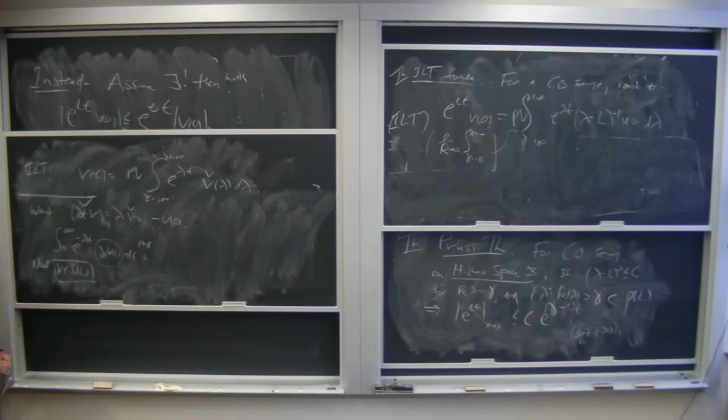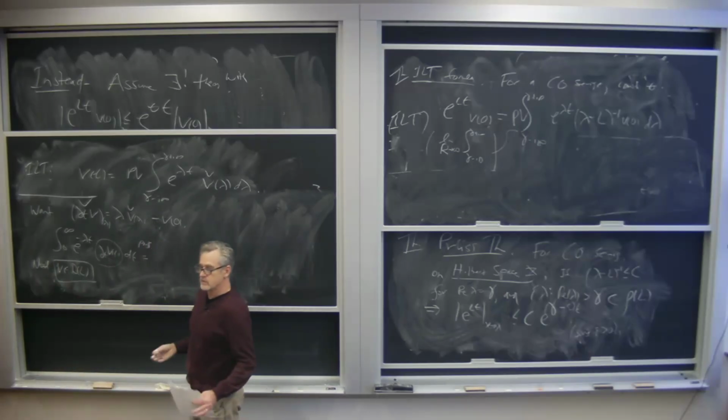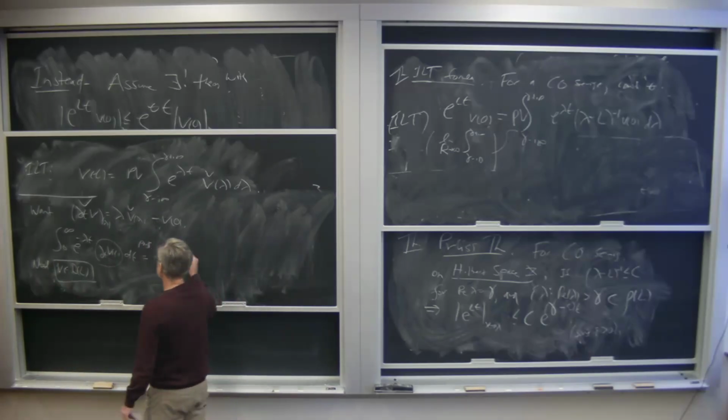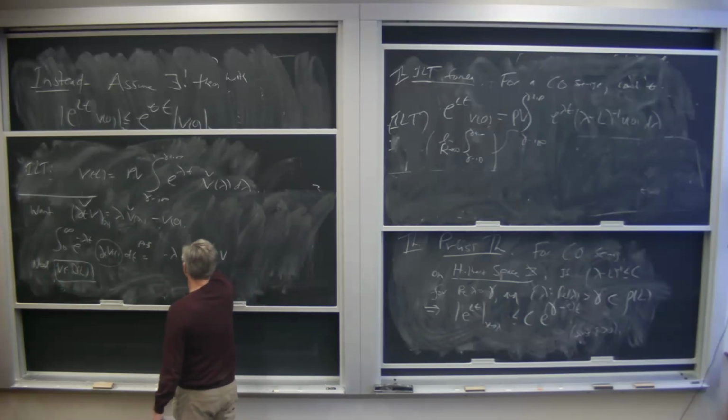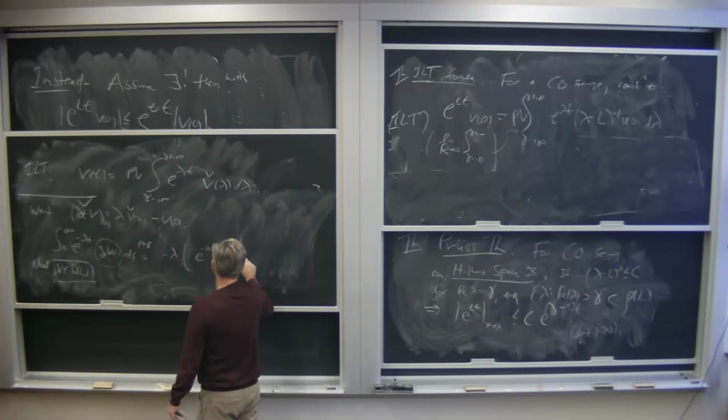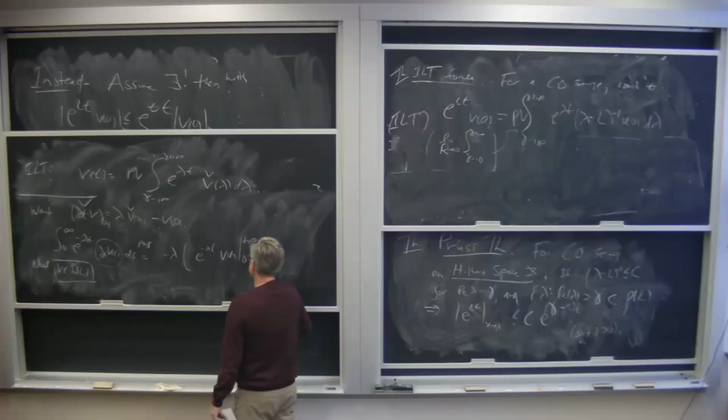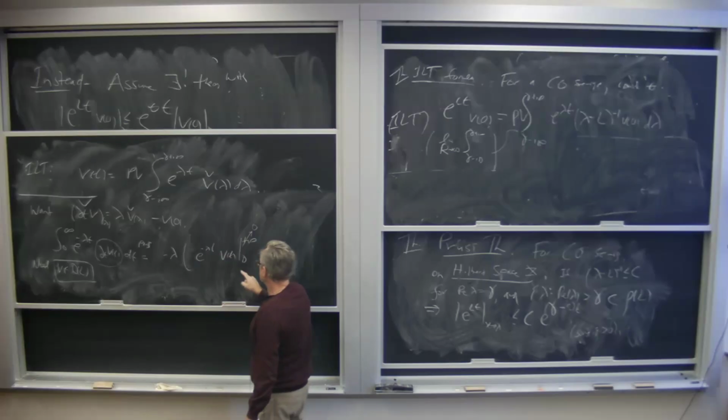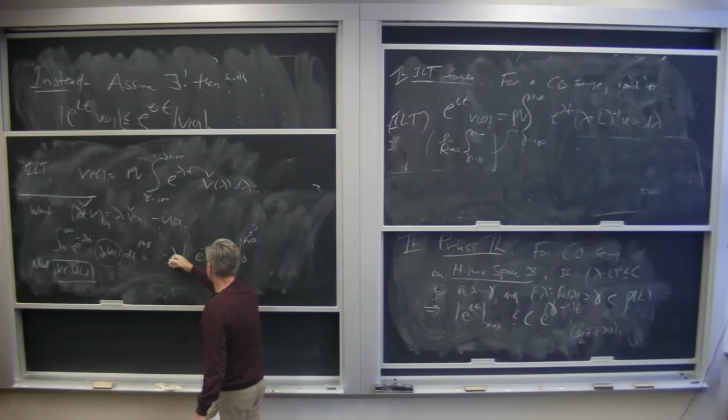Okay, so if I have that, then I can integrate by parts. This has an actual derivative that makes sense in X, and I get e to the minus lambda t, v of t, from 0 to plus infinity, and this one vanishes by the exponential decay. There's no lambda here, sorry.